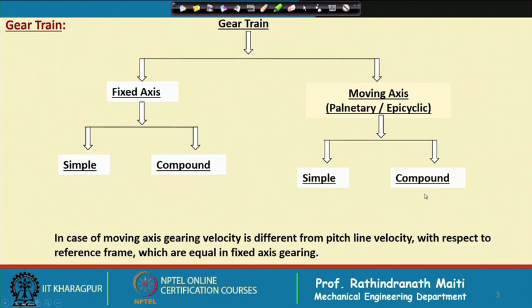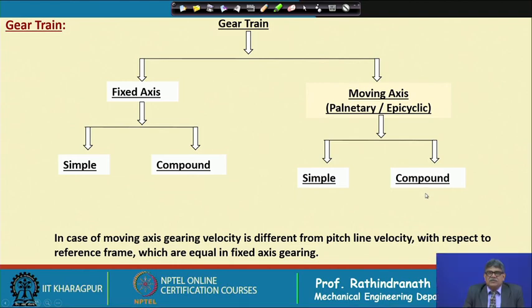So, in case of moving axis gearing, velocity is different from pitch line velocity with respect to reference frame, which are equal in fixed axis gearing.